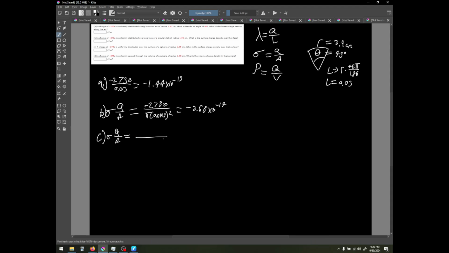So now this one's just going to be -275e over 4 pi 0.0195 squared. And looks like now I'm getting -9.2 times 10 to the -15.